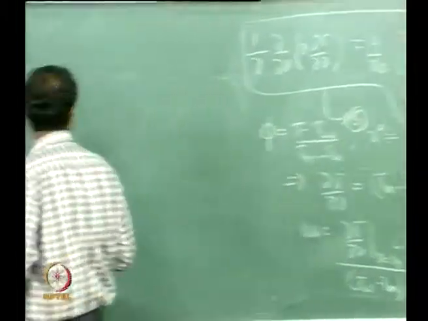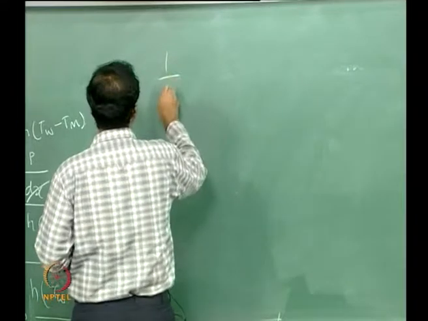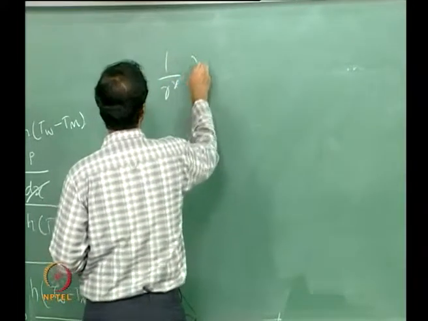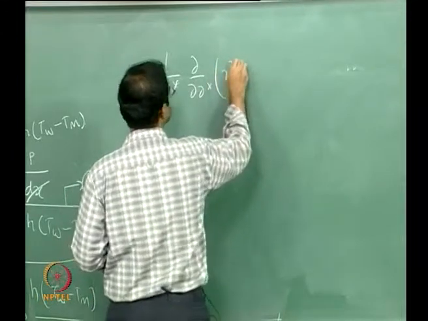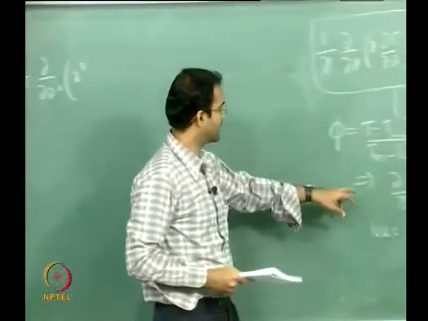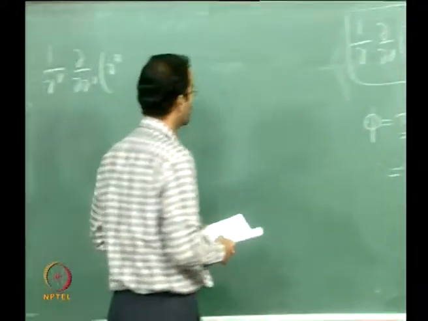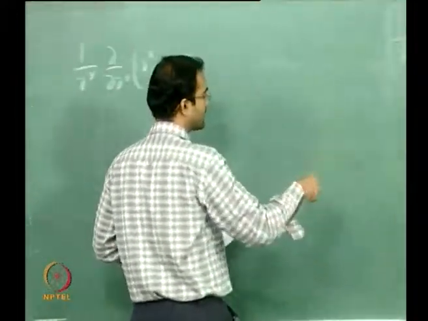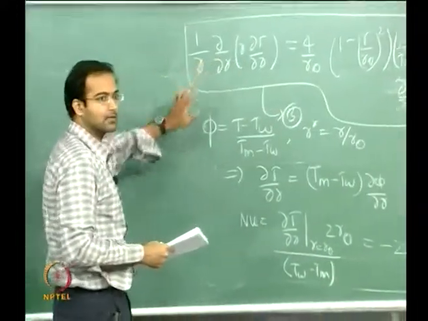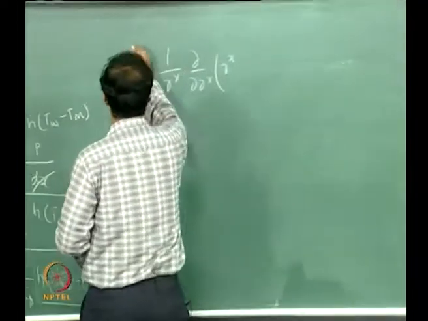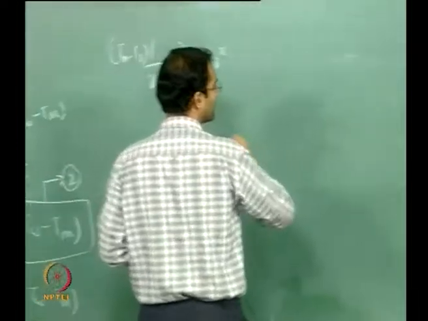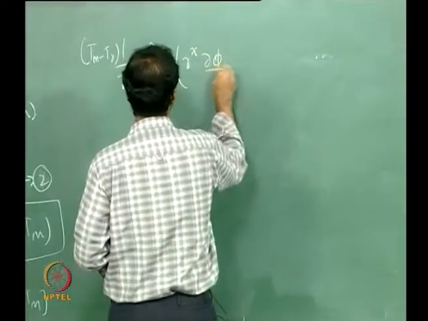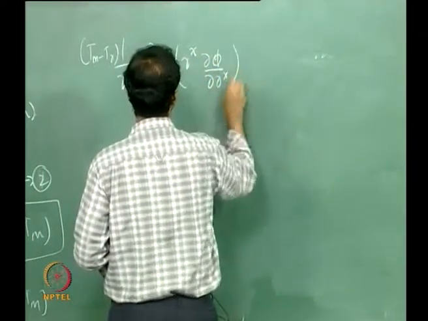So what do I get? I can write this as 1 by r star d by dr star of r star. Now for dT by dr I can substitute Tm minus Twall. Tm minus Twall is a function of only x, so that can be taken outside the derivative. So I have Tm minus Twall into d phi by dr star.